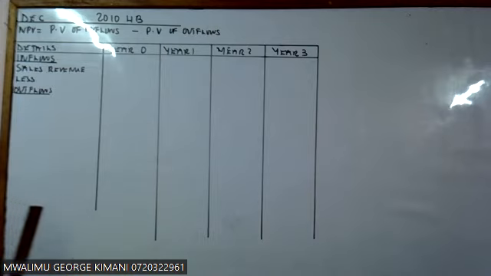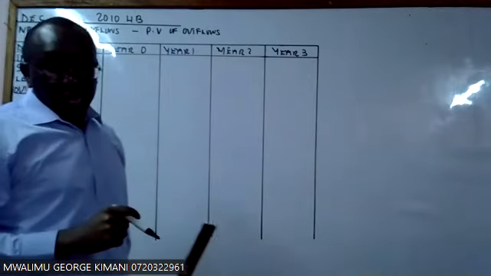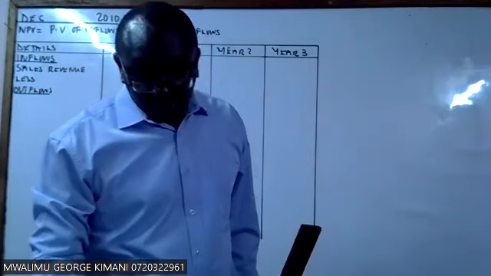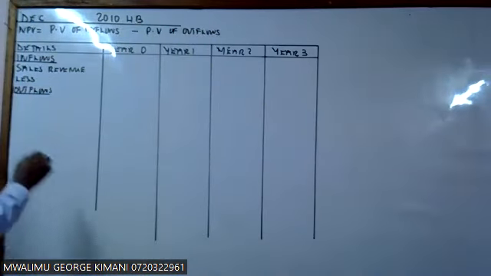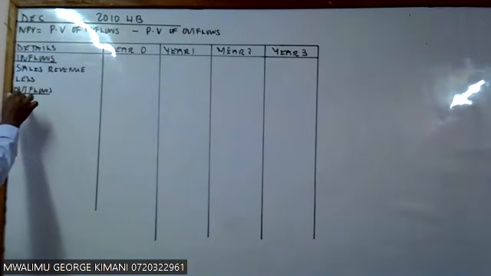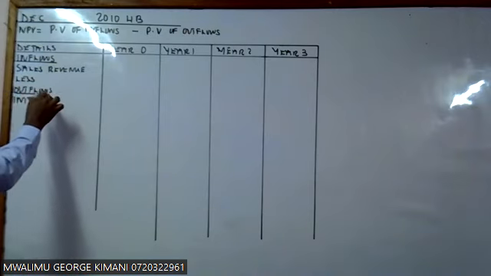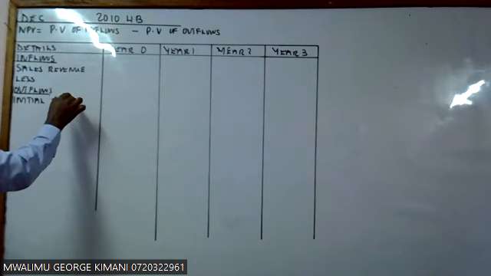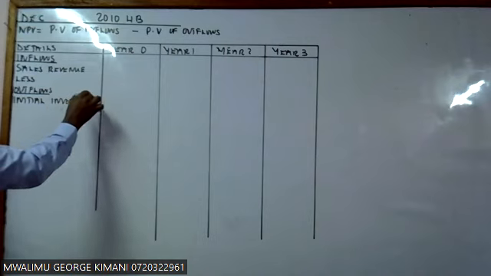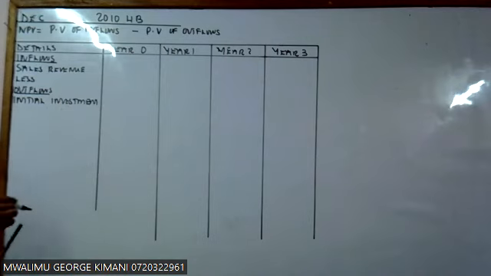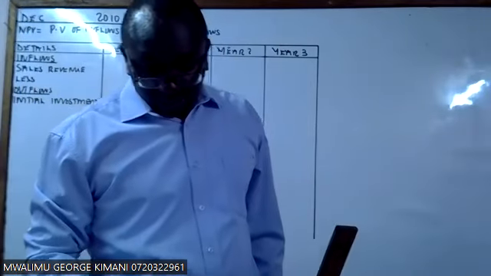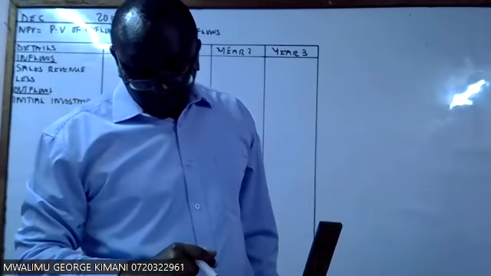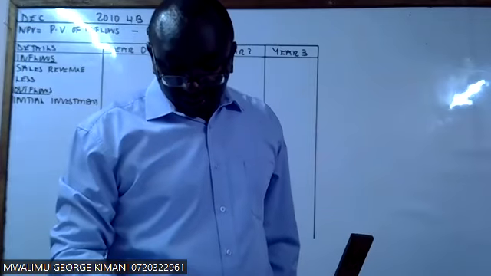Now, outflows, we have to check which items are taking money out. One of them is initial investments. The other thing that you can see is the overhead costs.